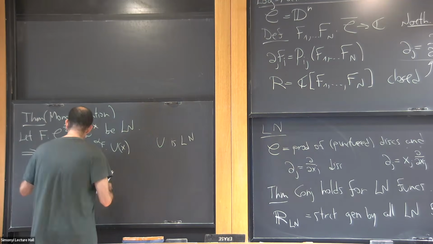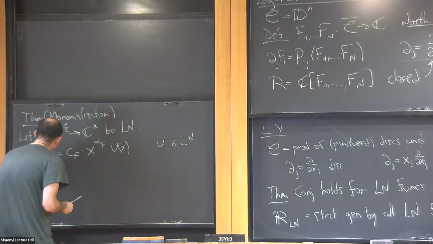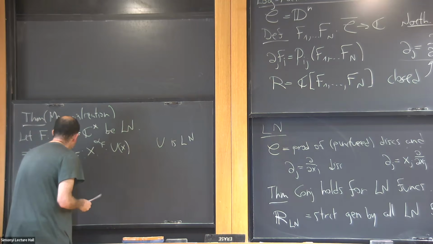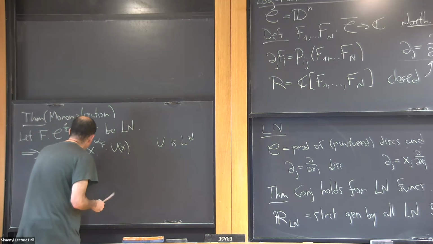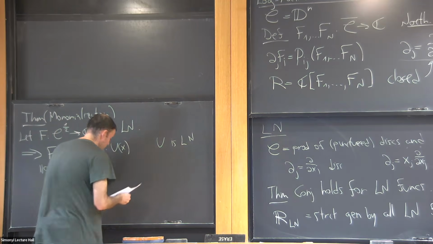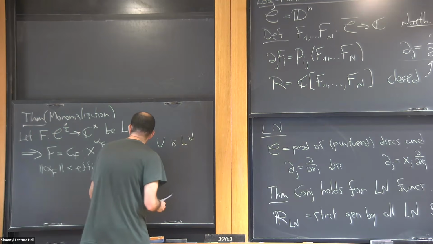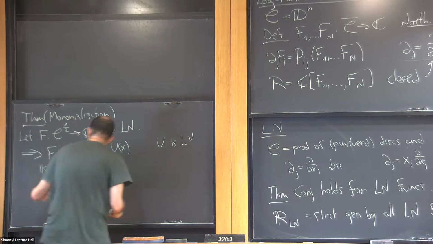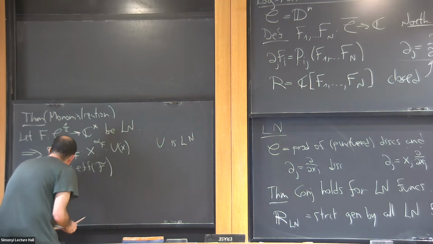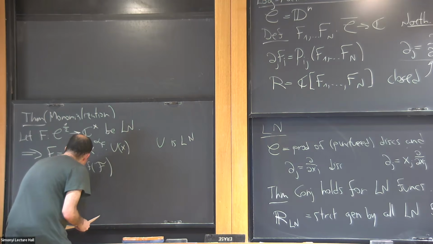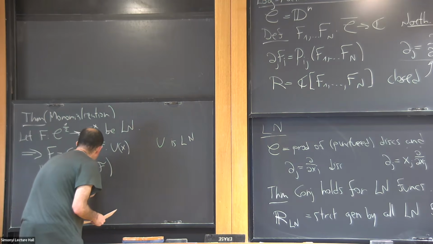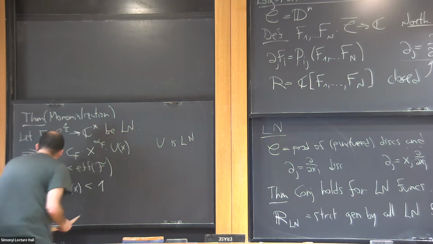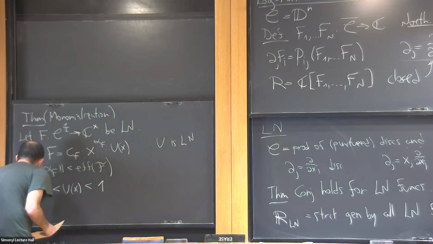And I claim that you have effective bounds. For instance, this monomial exponent alpha f is bounded effectively by the format of the functions, and the format of the unit is bounded. Also, the unit is always bounded between 1 and 1 over some effective number.